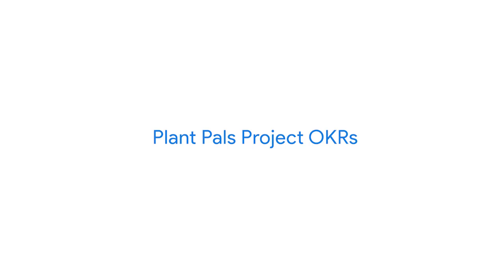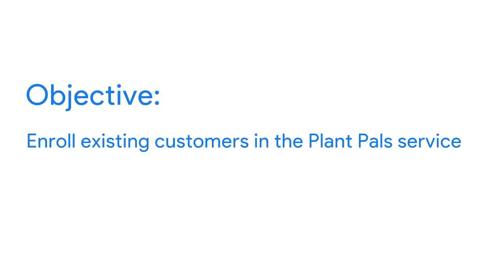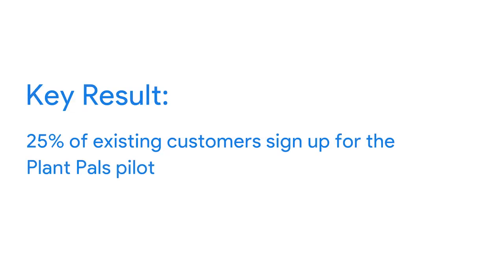For example, in order to align with Office Green's company-wide objective to increase customer retention by adapting to the changing workplace environment, a project objective for PlantPals might be to enroll existing customers in the PlantPals service. A key result for this objective might be 25% of existing customers sign up for the PlantPals pilot.